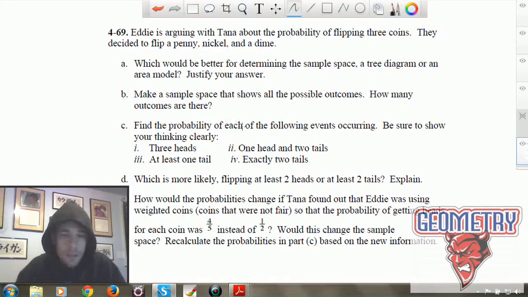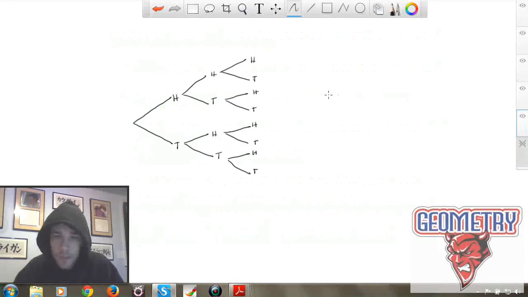Find the probability of each of the following events occurring. Be sure to show your thinking clearly. So 3 heads, 1 head and 2 tails, at least 1 tail, and exactly 2 tails. Okay, so let's start with 3 heads first. Going back over here, the probability of flipping 3 heads, so it needs to be heads for each instance there.